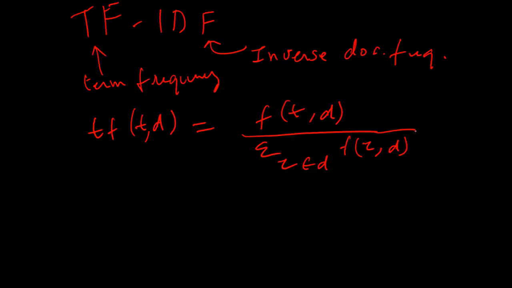And here we will have log of the total number of documents in the corpus divided by 1 plus the number of documents d belonging to D such that t belongs to d.